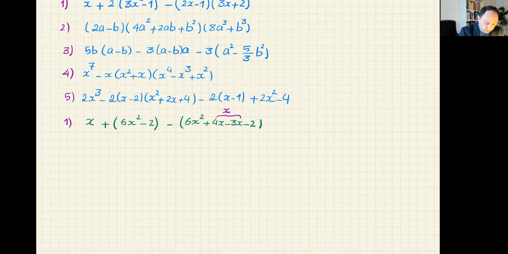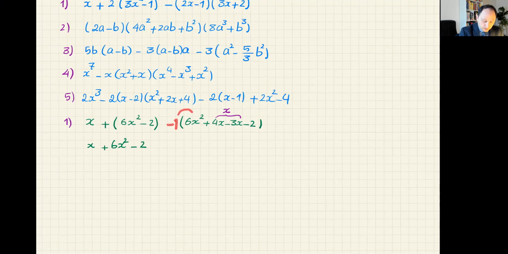I continue here. It becomes x. When I want to remove this pair of brackets, there is no problem because there is a positive sign behind that. Positive sign actually means positive 1, and if you multiply positive 1 here and there, nothing will change. So it becomes positive 6x squared, negative 2. But then be careful about this negative sign behind the pair of brackets. This is what you need to keep in your mind all the time. So this minus sign is actually minus 1, you can interpret it.